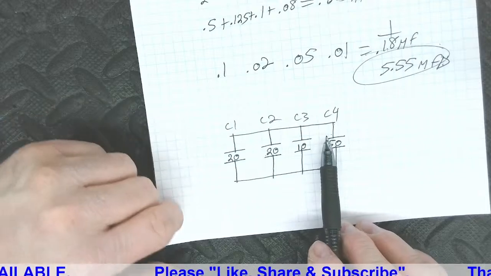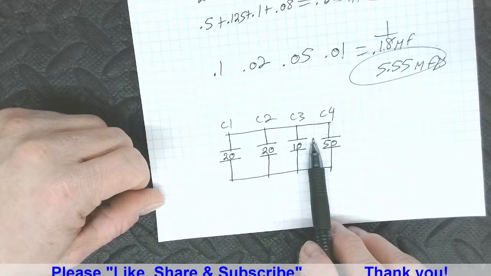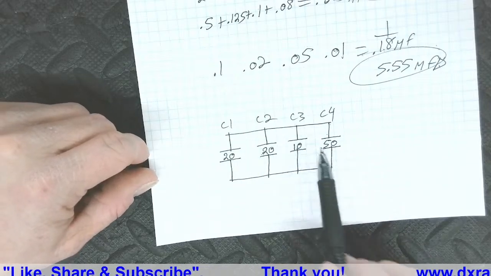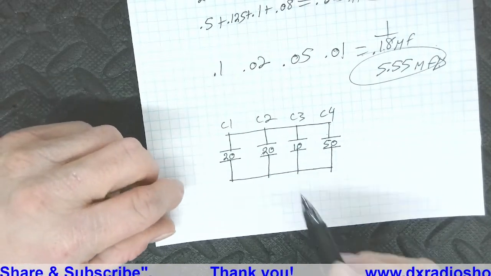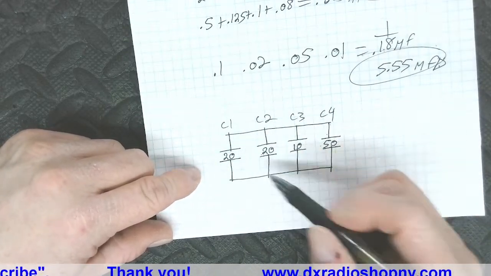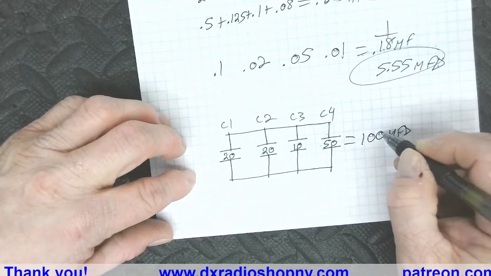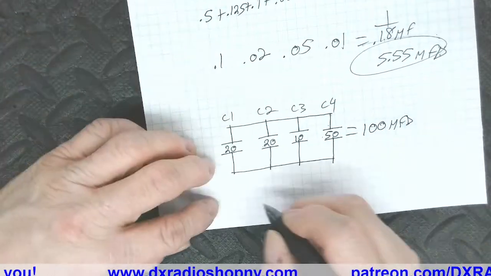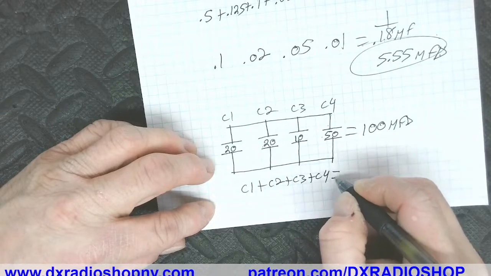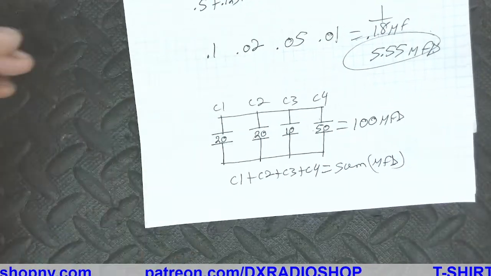In this case, capacitance is the opposite of your series of resistance, so here you would actually add them up. It's the sum of what they are. So we have 20, 40, 50, and 50. This whole value equals 100 microfarad. Pretty straightforward. There's really no calculation to it. It's just C1 plus C2 plus C3 plus C4 equals some microfarad.